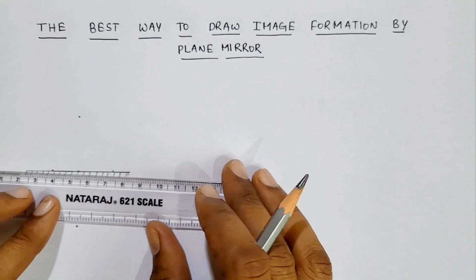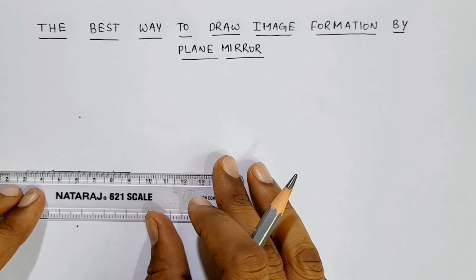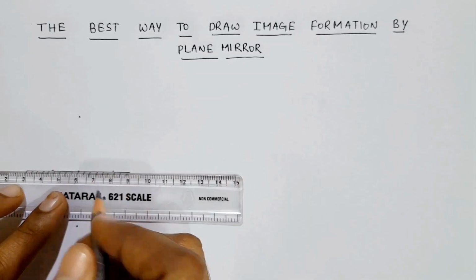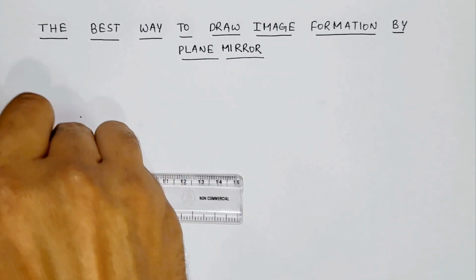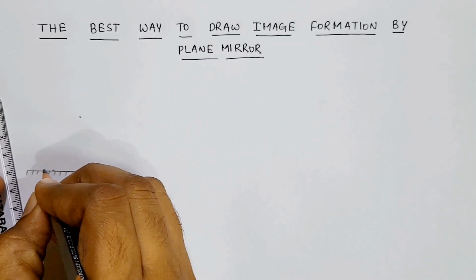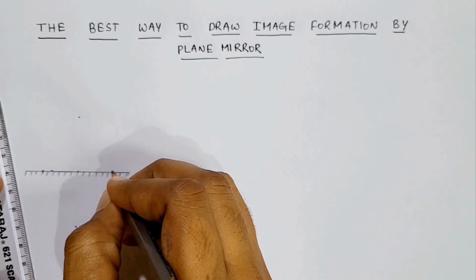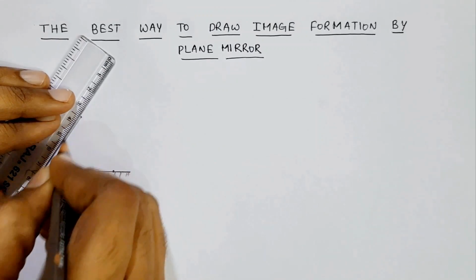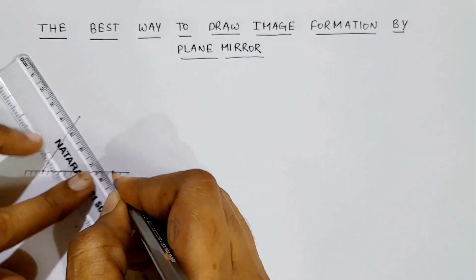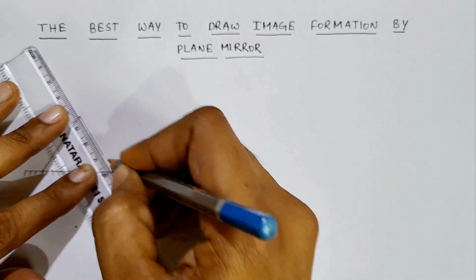So now 2 centimeters here. These 2 points are going to be the points of incidence. From here you take one light ray like this, and from here you take one more light ray like this.